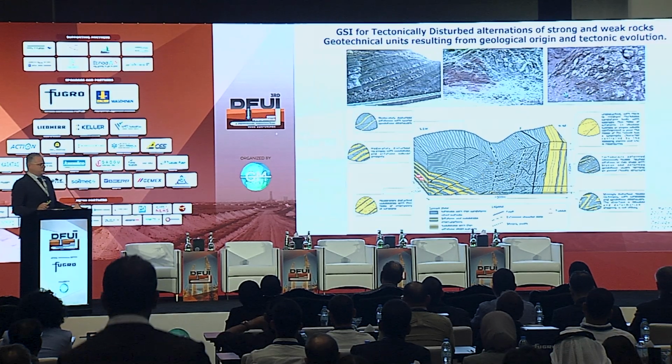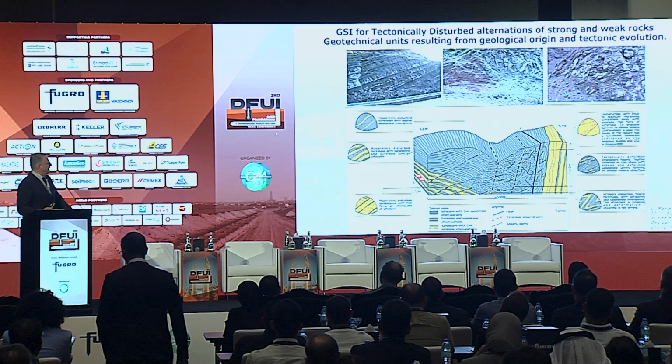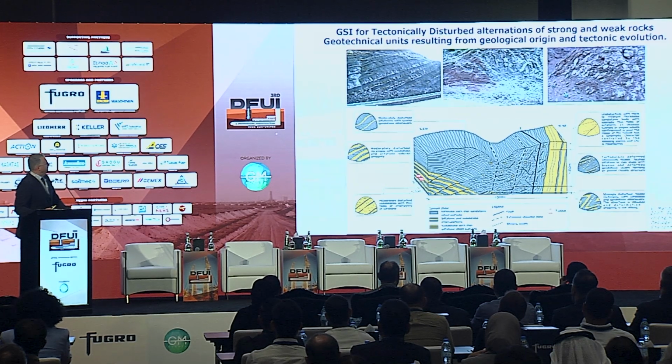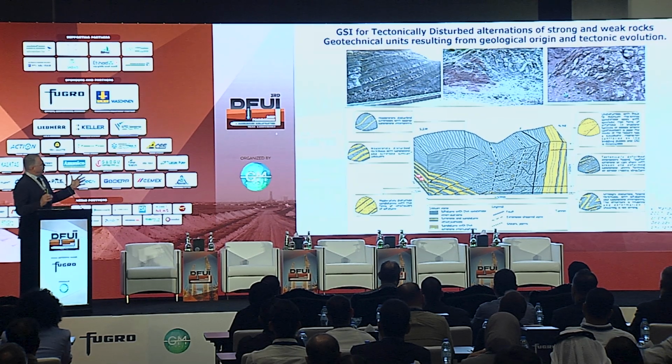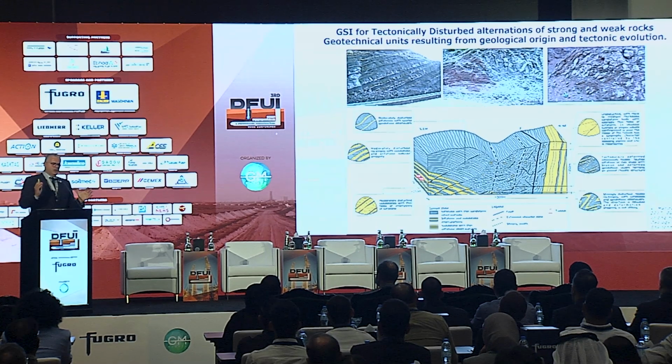And for example, in tectonically heterogeneous rock masses, like flysch rock types, we can have not only heterogeneity due to the nature itself, but also due to the tectonic disturbance. So in a specific section of a tunnel, we can identify from the geological model what kind of rock mass types we can have.